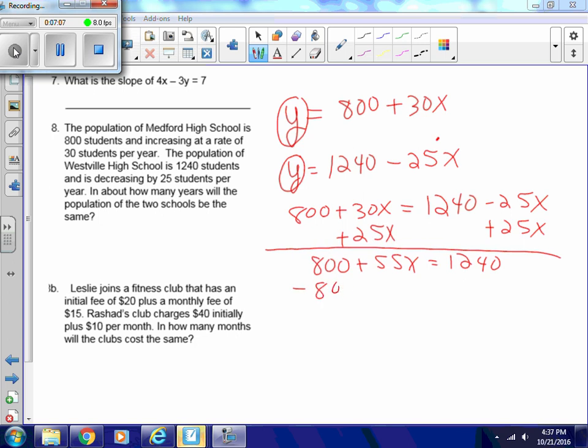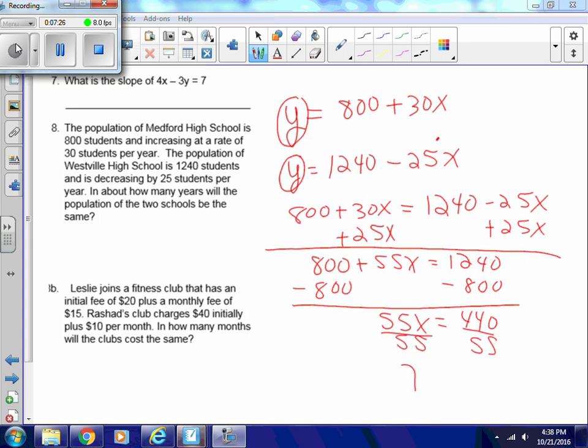Now we can subtract 800 from both sides. And we've got 55x equals 440. When I divide both sides by 55, I find that x is 8. Remember, we were counting the number of years when the populations would be the same, and that would be in 8 years.